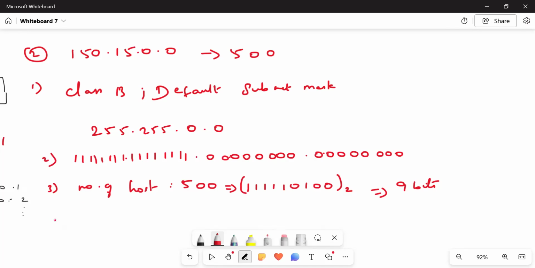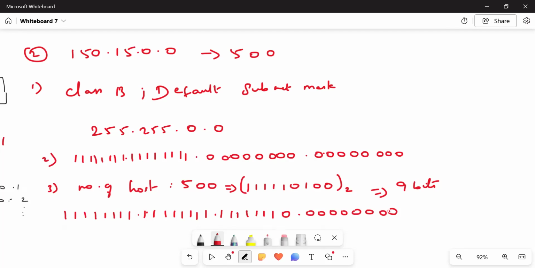So 9 bits means 1 to 8 in the last octet, 1 to 8 in the third octet, and 1 to 7 in the second part. 9 bits we need to reserve. So here we have 0, then 1 to 8.